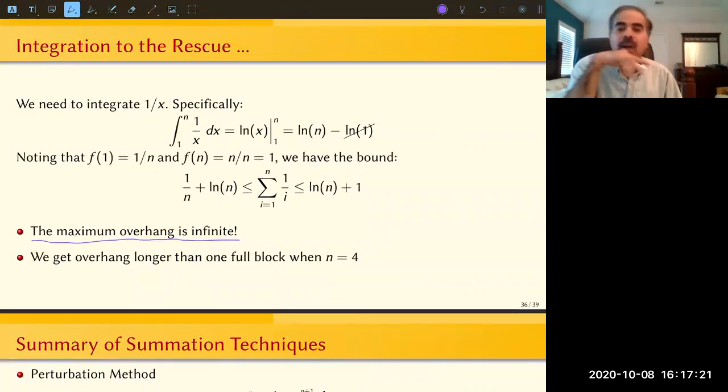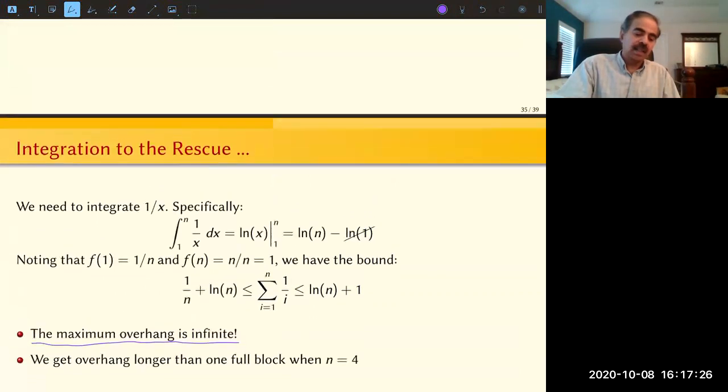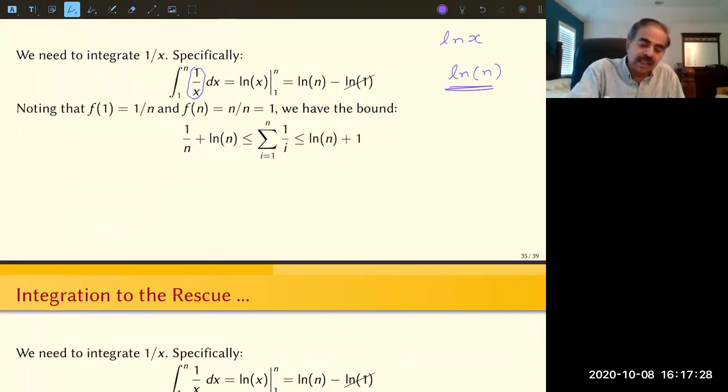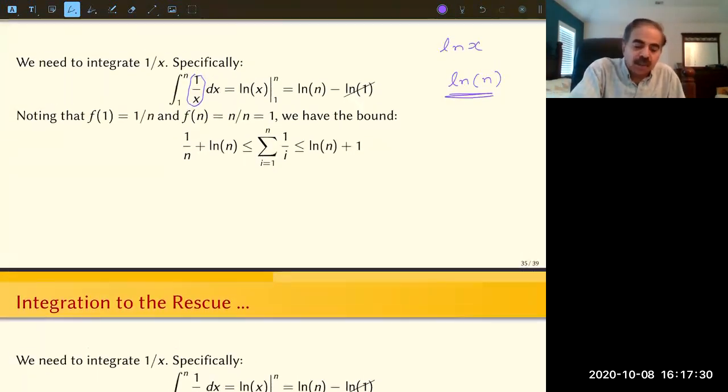the maximum overhang is infinite, right? Because notice that what it says is that if you have n books, the length is going to be the log of the number of books, right? That's the overhang. So if you have 1,000,000 books, then you can achieve ln of 1,000,000, which is going to be, I guess, something like 3,000. No, not 3,000.